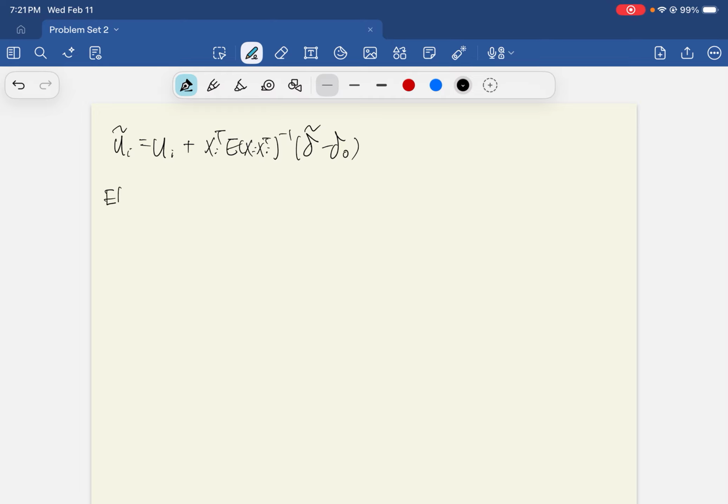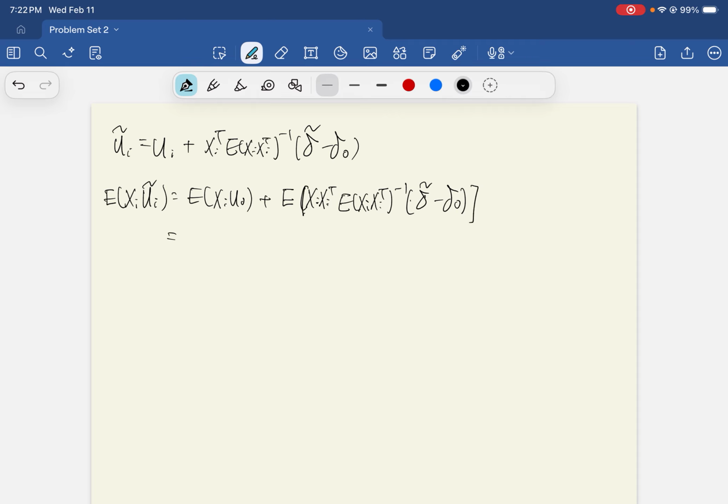First let's think about this. If you calculate this, then you have the expectation of x u, plus the expectation of x x transpose times its inverse times delta tilde minus delta 0.